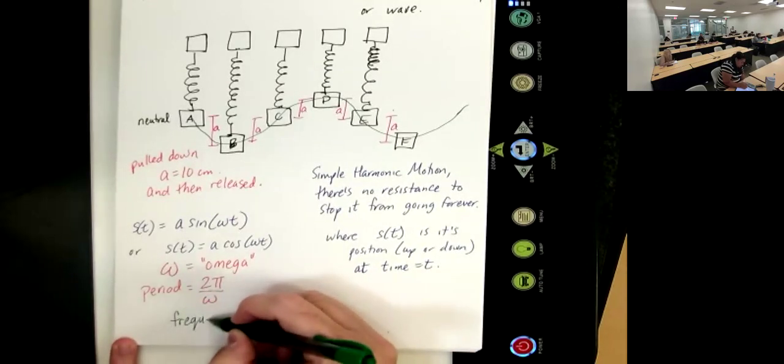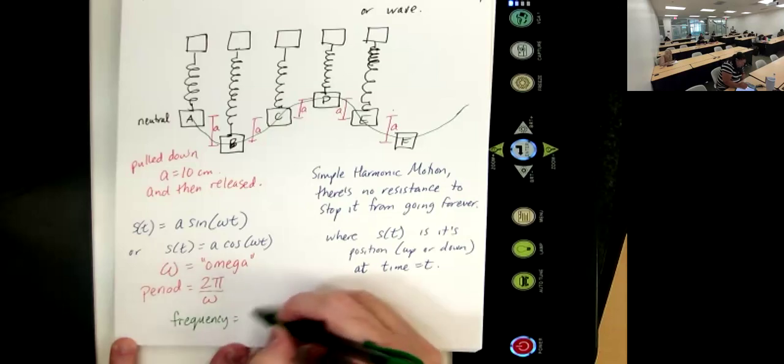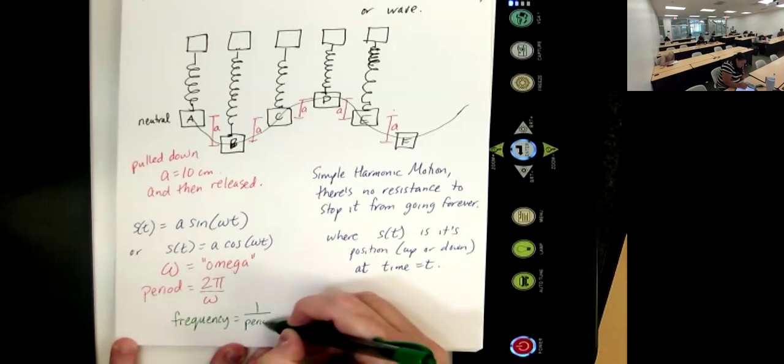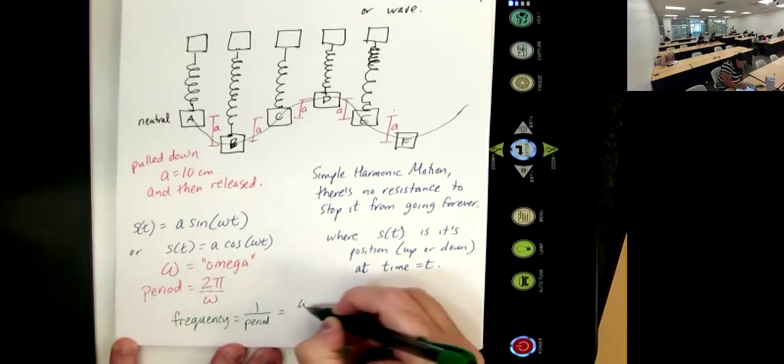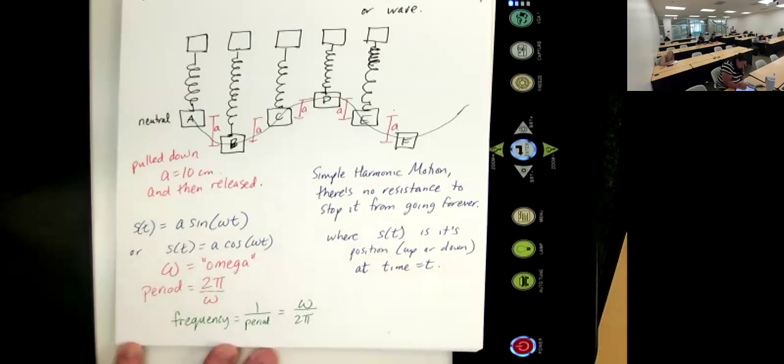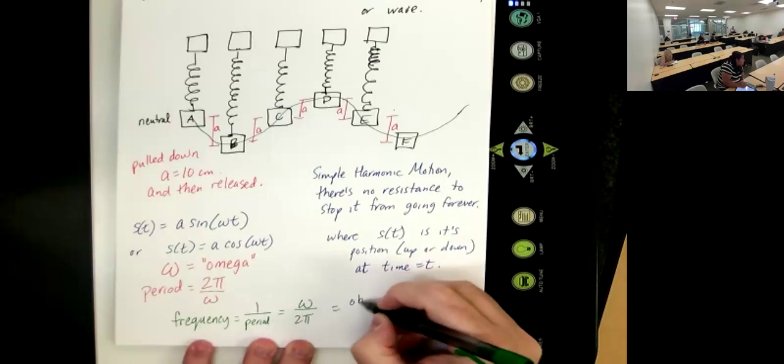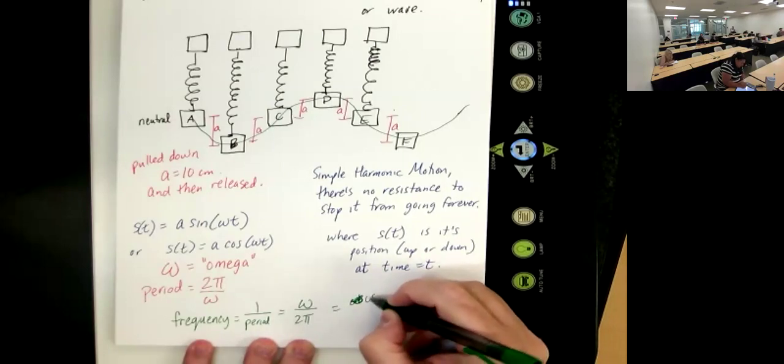Frequency is 1 over the period, or omega over 2 pi. And what this is, is oscillations per time unit.